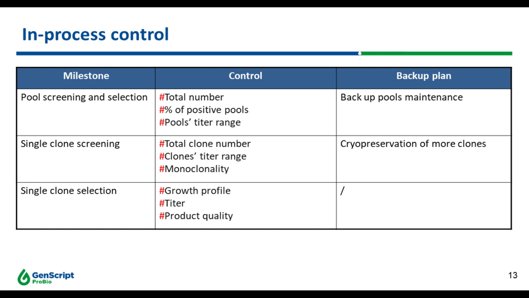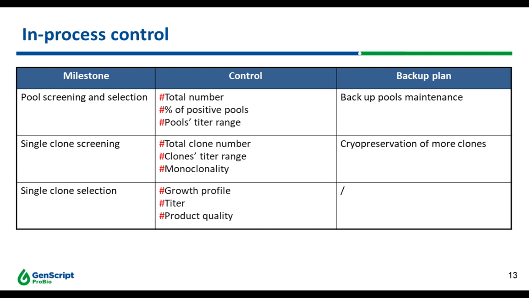For single clone screening, it is the same thing, but we are required to ensure their monoclonality, as I just mentioned previously. And for single clone selection, there are 3 criteria to consider: first their growth profile, then the titer, and the productivity.